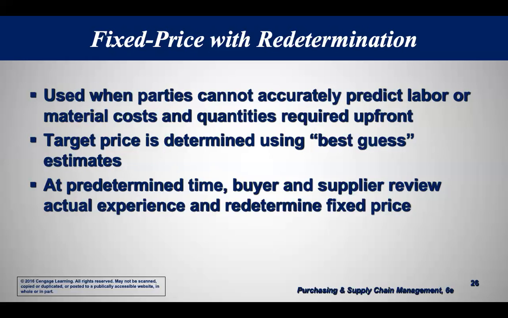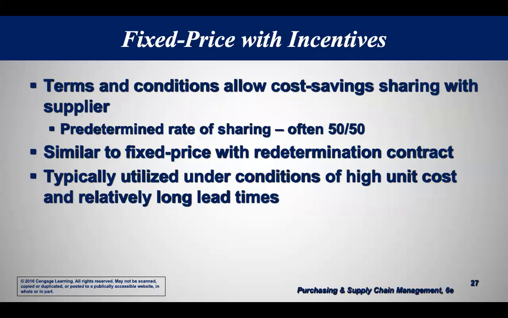It's a little bit risky, but it's risky for both sides. So I guess that's okay, right? Incentives. All of these methodologies kind of overlap with each other, right? There's a lot of different things that go on. And so incentives and redetermination can be pretty much the same thing.